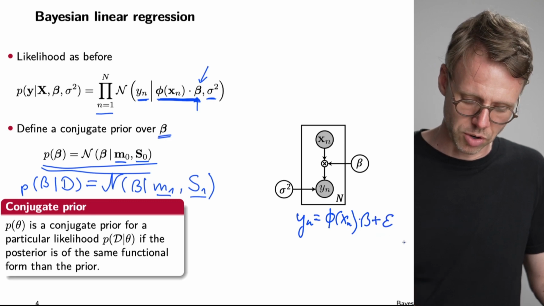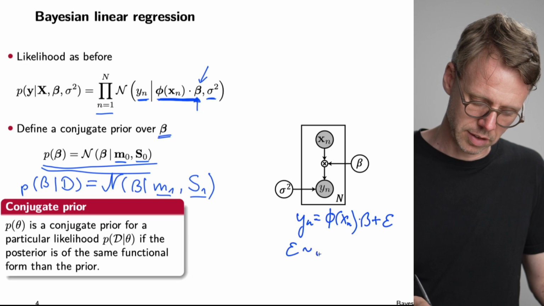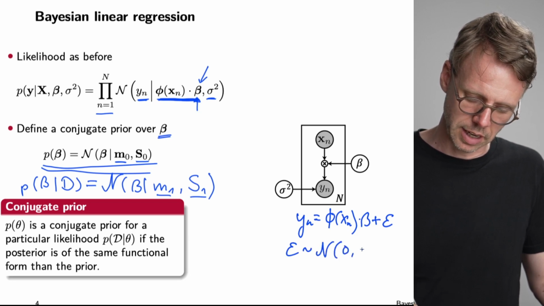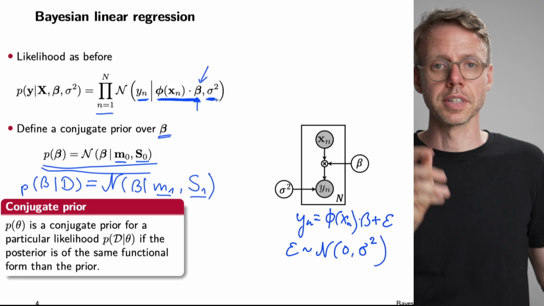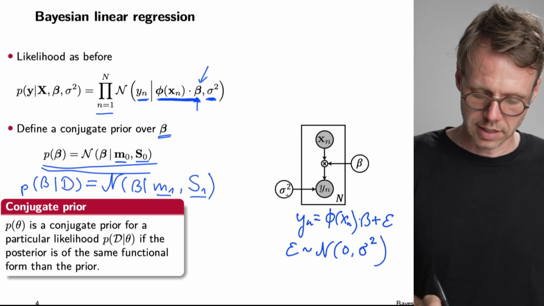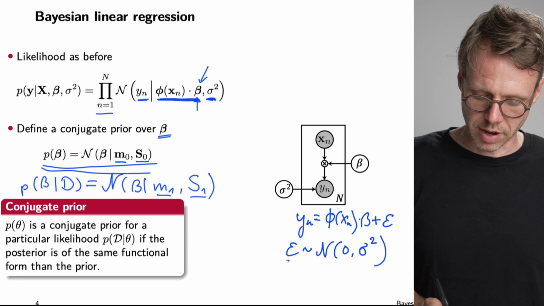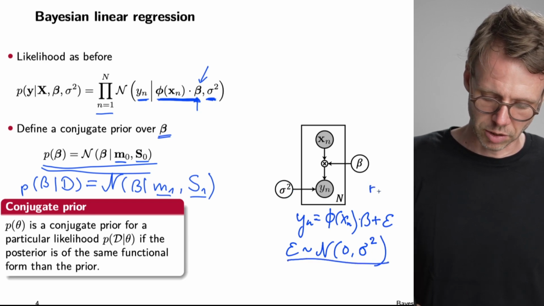And this Gaussian noise follows a normal distribution with zero mean and has a variance equal to the data variance sigma squared. So we have a single sigma squared that defines the variance of these residuals here.